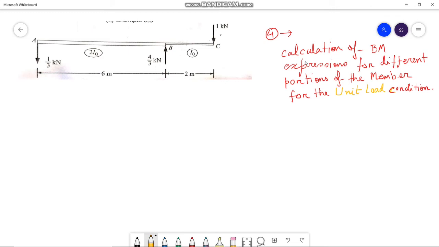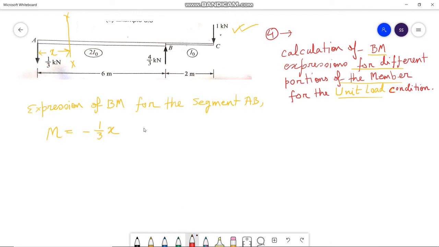Now, the next step is to calculate the bending moment expressions for different portions of the member for the unit load condition. So to do so, let us take a section XX, which is situated at a distance x from point A. So the expression of bending moment for the segment AB with respect to the section XX, we have m equals to minus 1 by 3 into x.